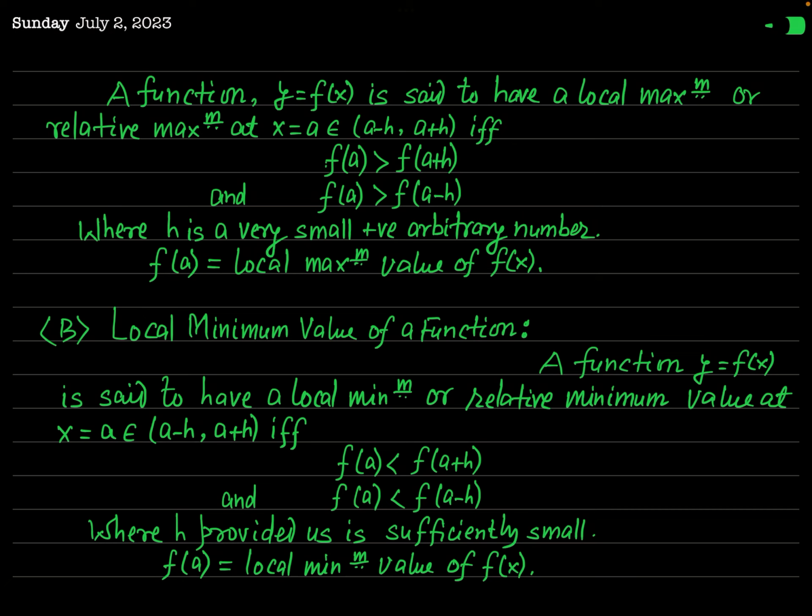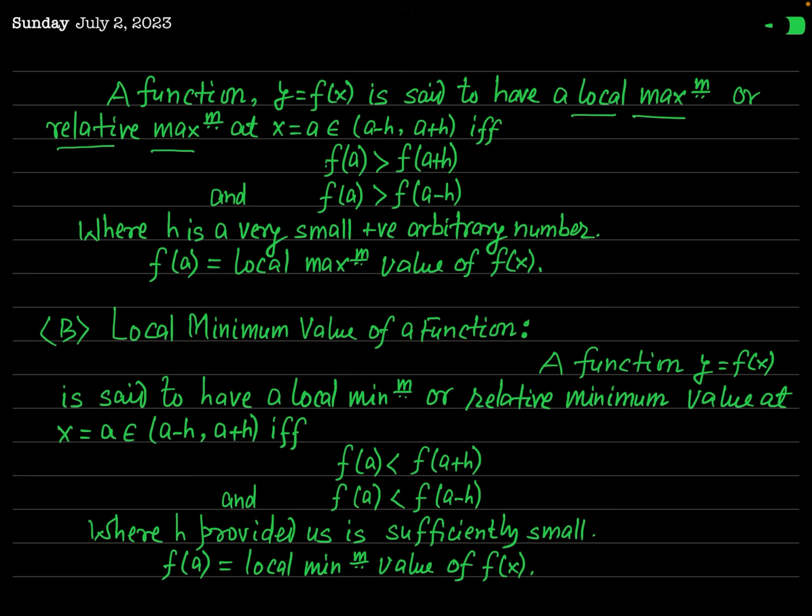I have mentioned that a function y equal to f of x is said to have a local maximum. Mark it, local maximum, not global maximum. This local maximum is also called relative maximum. Why is it called relative? Because we compare the value of the function with its values at neighboring points.